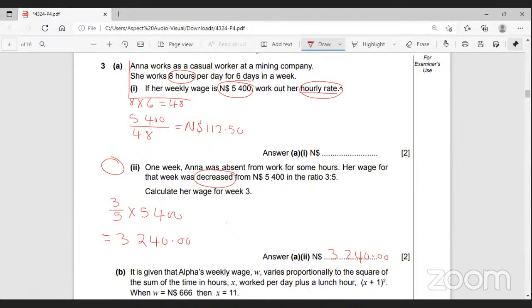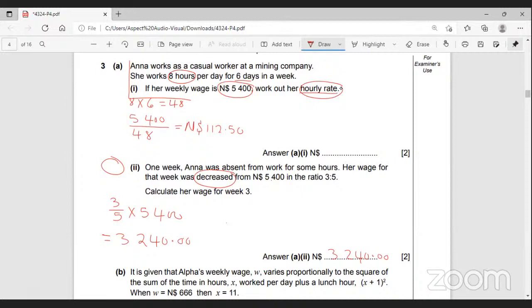But remember, this question did not really specify which week that was. So maybe the second week is the one she was absent, and now we need to calculate the next. They are saying in week 2 she was absent, now they are going to pay for week 2, then week 3.